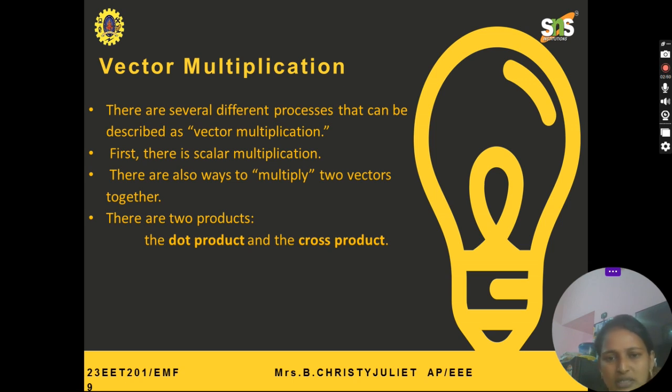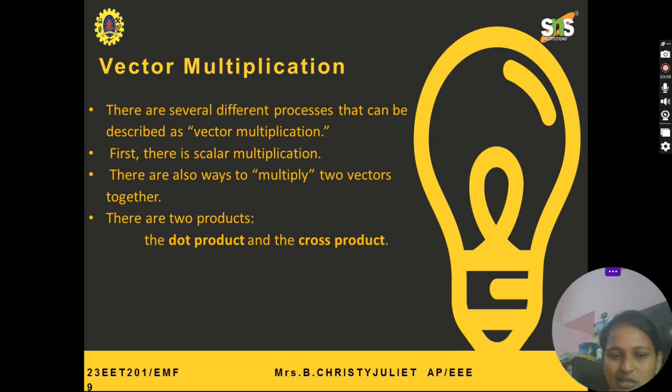There are several processes that can be described as vector multiplications, like I already told. First, there is scalar multiplication, which I have discussed with an example. Then there are n number of ways to multiply two vectors.